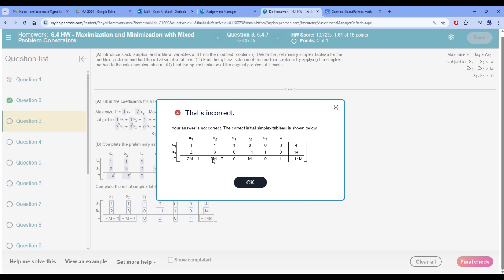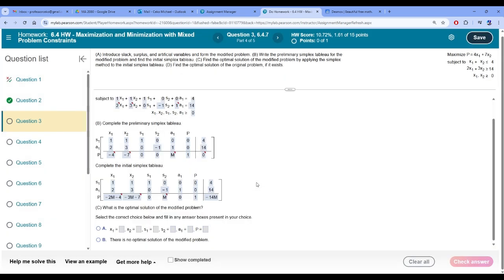The -2M, the -3. Why is this one an M? Oh my goodness. I don't understand where they get these guys.